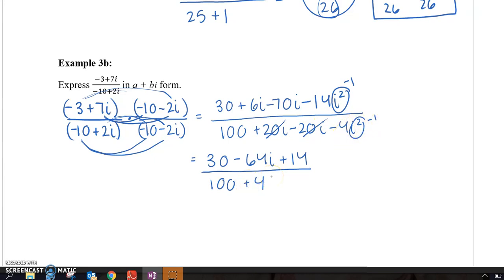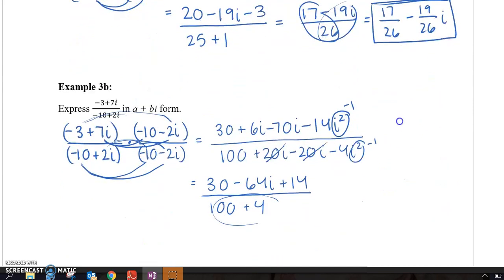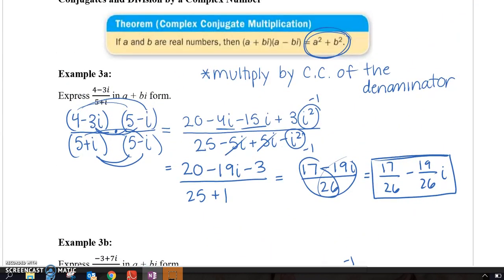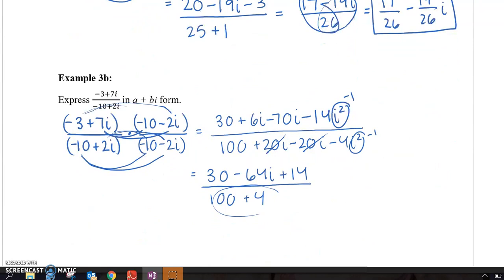So if we stop right here and look, this 100 plus 4 right here, that's actually our a squared plus b squared from up above. Because the a in a plus bi form for this one would be negative 10. Negative 10 squared is 100. The b is 2 or negative 2, it really doesn't matter, plus b squared. So we end up with 2 squared, which is 4, so there's our 100 plus 4.